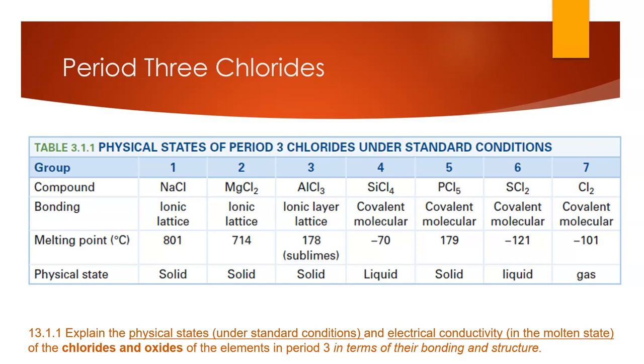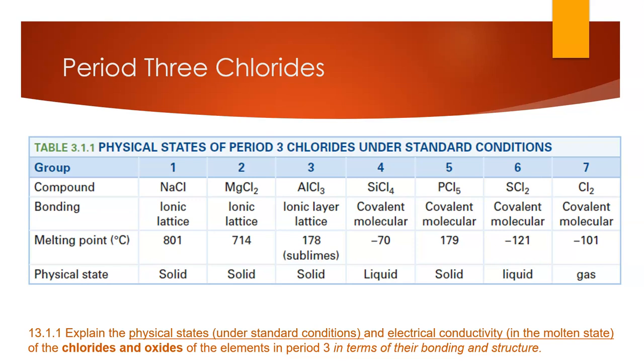We get covalent molecular, but not giant molecular, discrete molecular for silicon, in this case with chloride, in contrast to the silicon dioxide, which was a covalent molecular lattice. And then PCl5, covalent molecular, SCl2, covalent molecular, and of course Cl2 is covalent molecular with weak dispersion forces only.